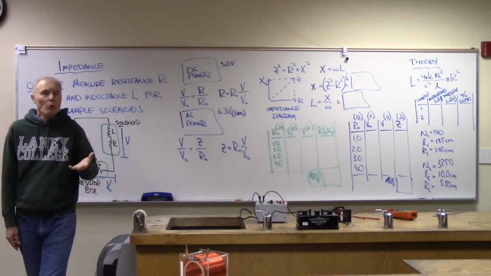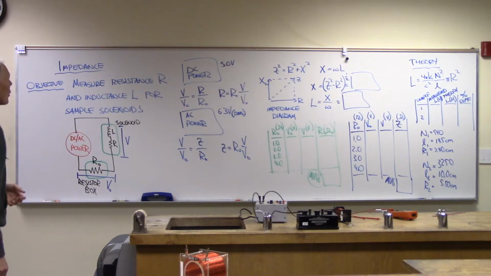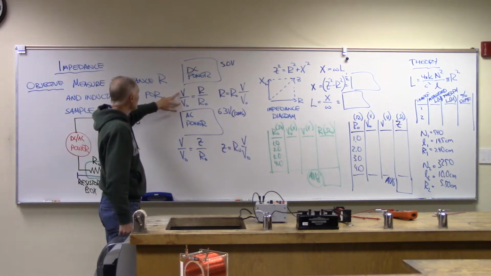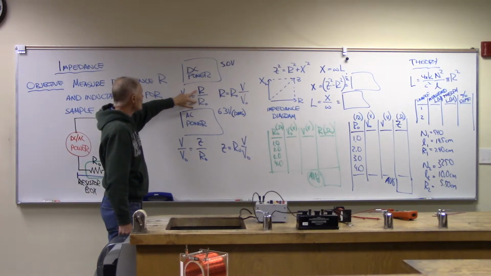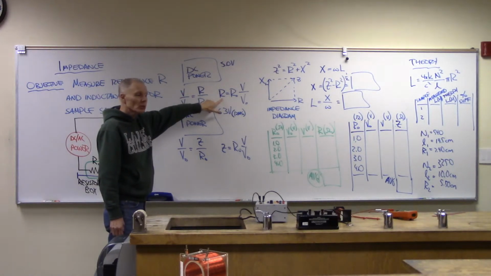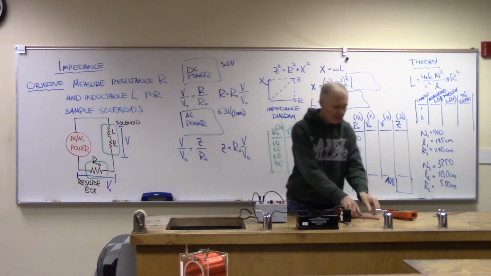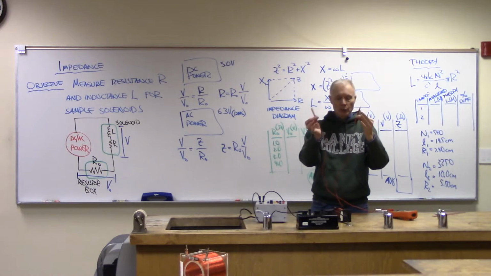That's it. They both have the same current going through them, and so a ratio of voltages is equal to the ratio of resistances, and that gives us an easy way to go in and measure resistance without having to use an ammeter. I can just use a voltmeter, and I've got the voltmeter in quick mode.